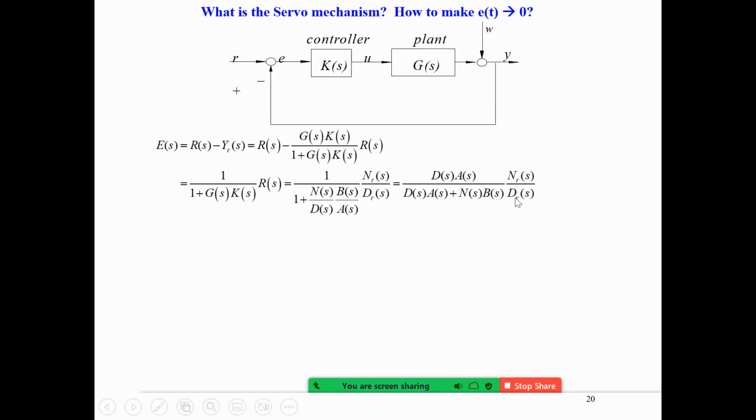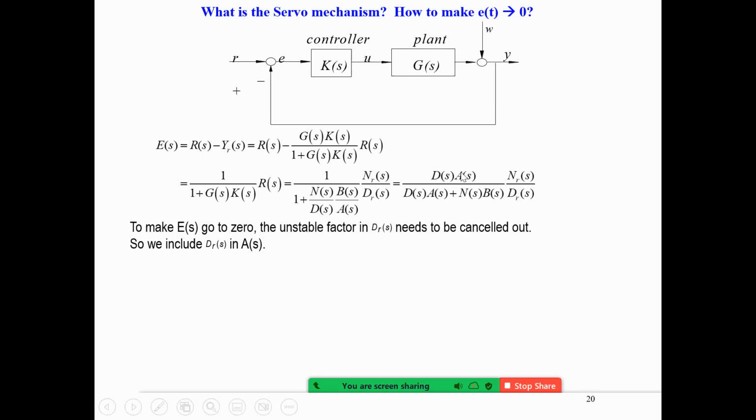And then we find out, because in order to make this go to 0, all those factors in those closed loop polynomials are stable. But there is an unstable factor in the reference signal, DR. To make this go to 0, the only possible way is to make this DR disappear.